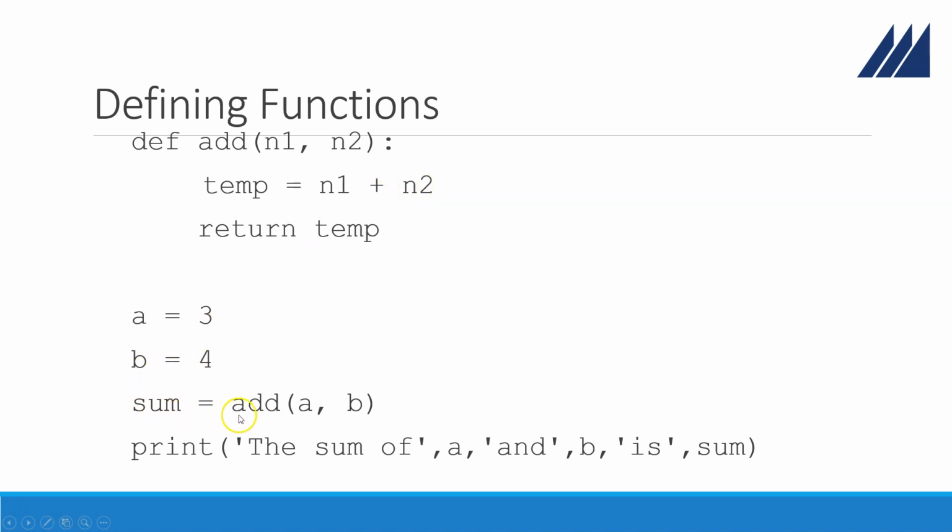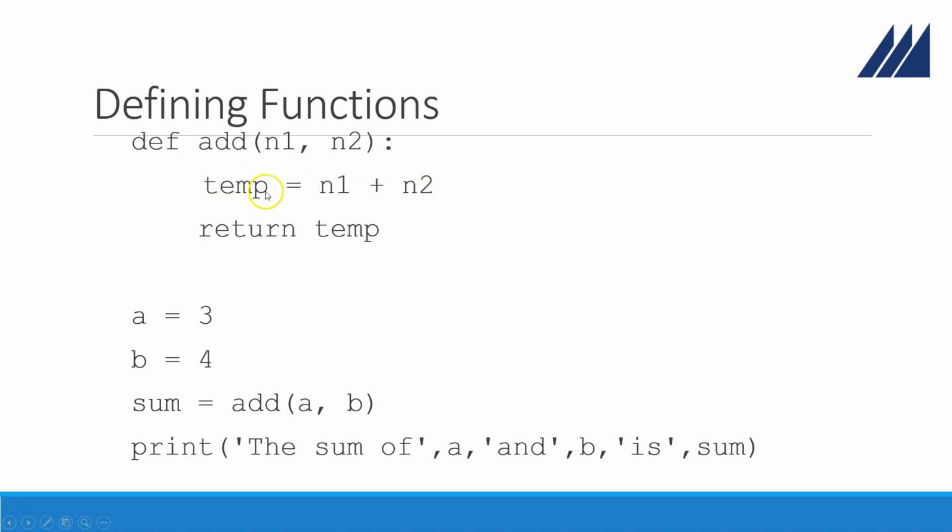It's basically saying sum equal, because I have a return, equal to add a, b. So over here is going to go over here. a is going to be n1, b is going to be n2. So it's going to say temp equal to a, which is 3, plus b, which is 4. The result is going to be 7.